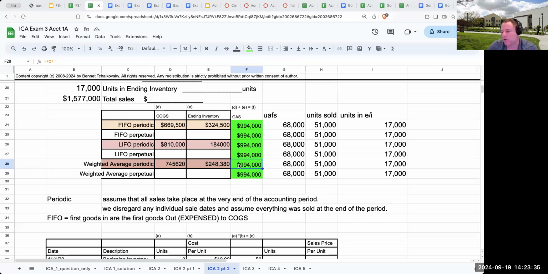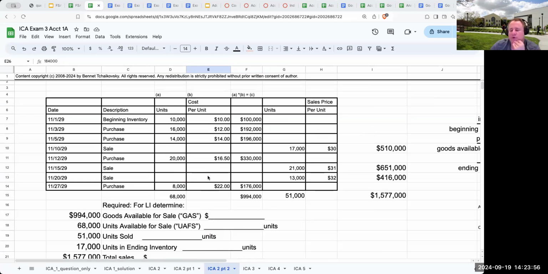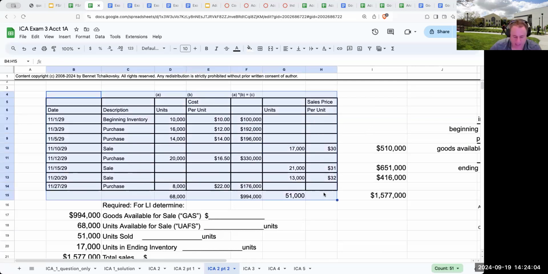Now, before we go to perpetual, I'm going to show you something right over here with FIFO perpetual. FIFO perpetual yields the same result as FIFO periodic. And why exactly is that? Well, I'm going to give you a little bit of a preview for perpetual. With perpetual, I have to go to each individual sale date.